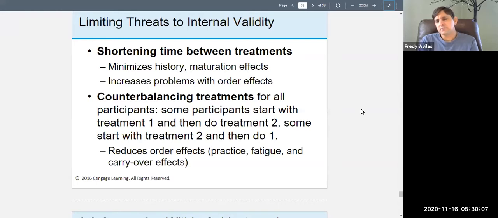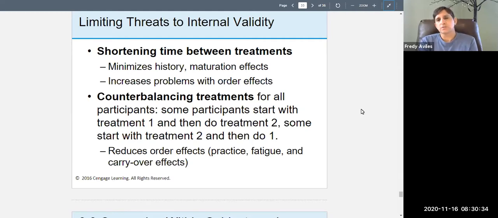It also deals with the problem of fatigue, because if participants always go through the experiment in the same order, then the one that's last is the one that's going to suffer most from fatigue. But if you start them in a different order, then you minimize that problem, because if fatigue is a factor, it's gonna affect the groups equally. So it's not gonna really cause any differences.